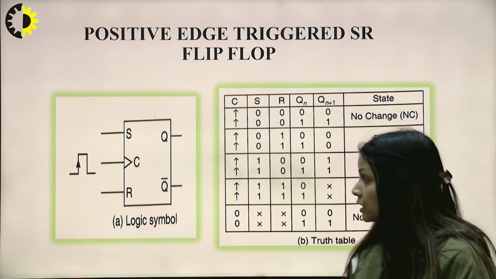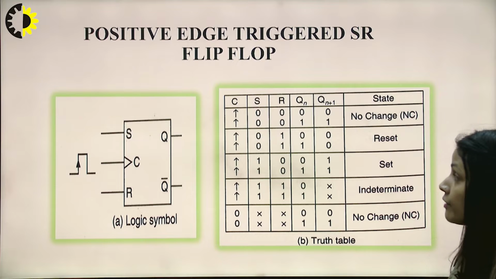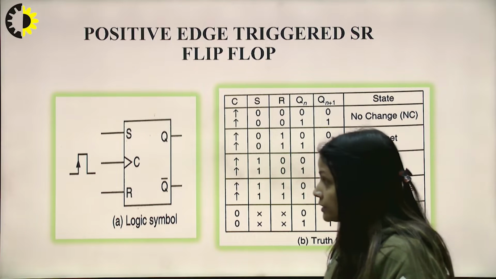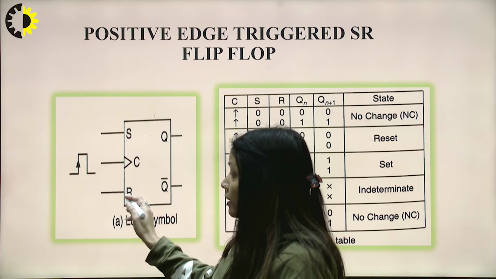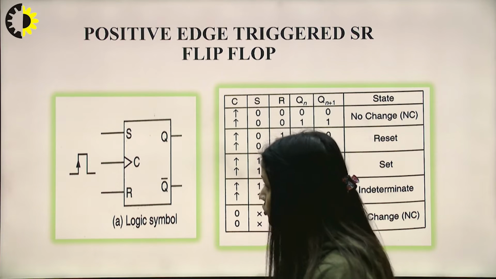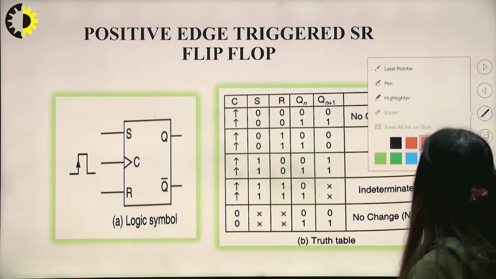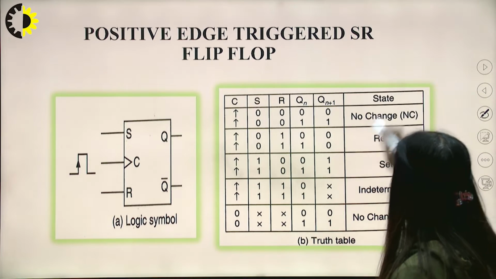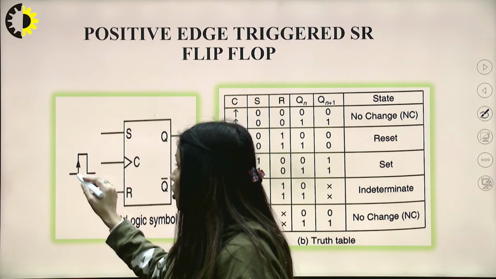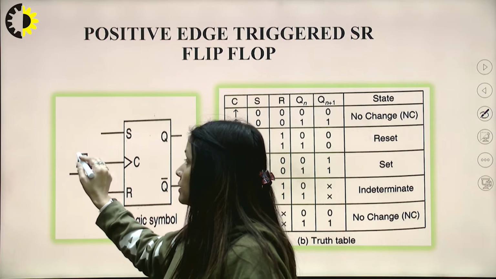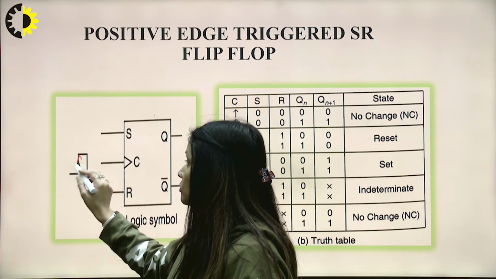So here is the logic symbol for the SR flip-flop, with S and R. We have the two inputs, and the clock is going high at the edge.